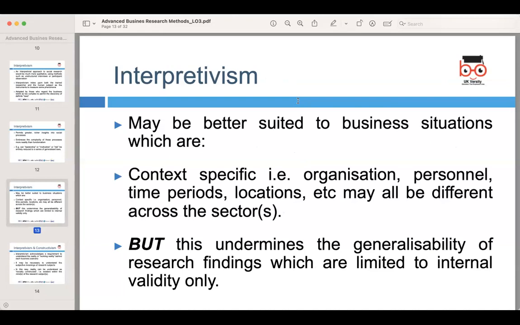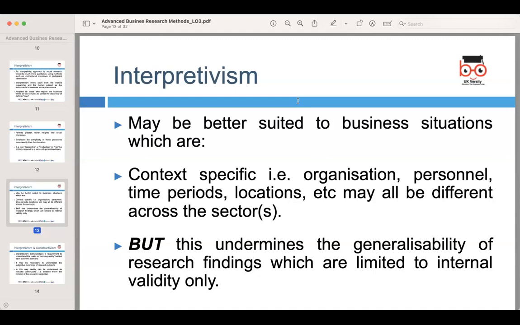Similarly, let's consider the example of leadership. Functionalism may try to identify a set of traits or behaviors that define an effective leader, assuming that these traits or behaviors will always lead to successful outcomes.